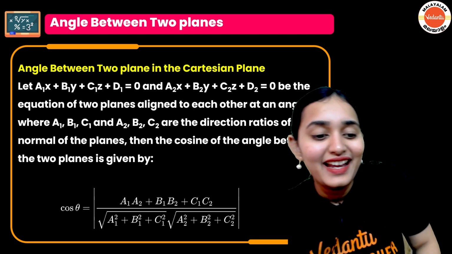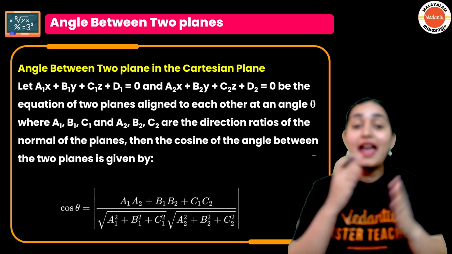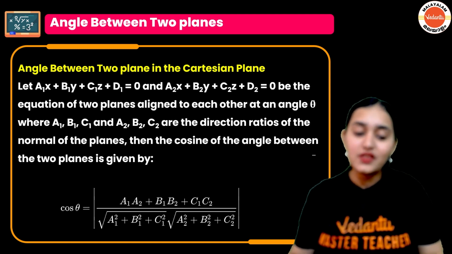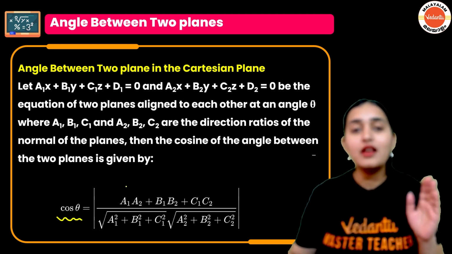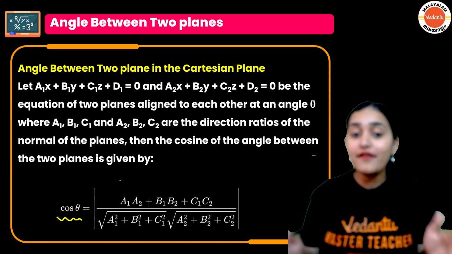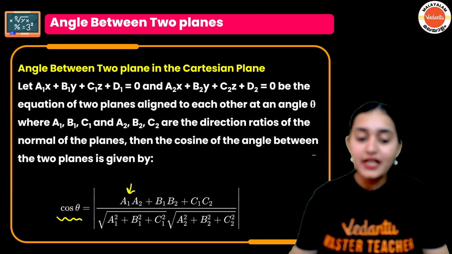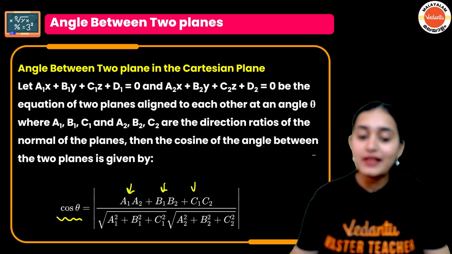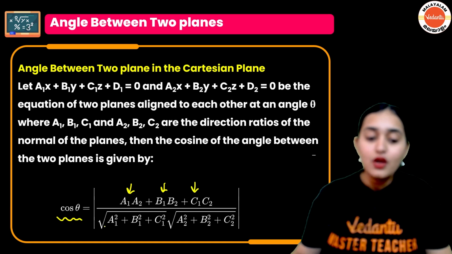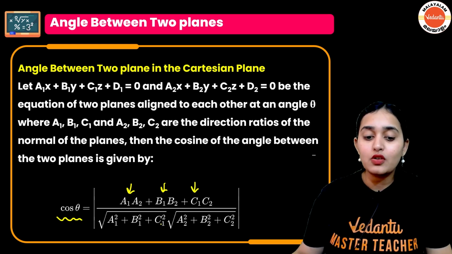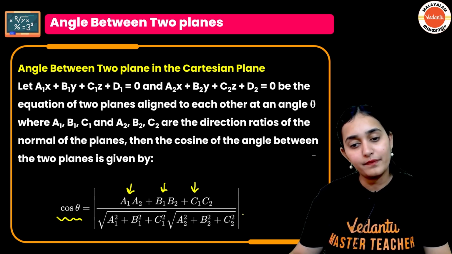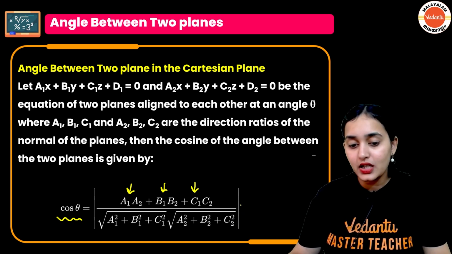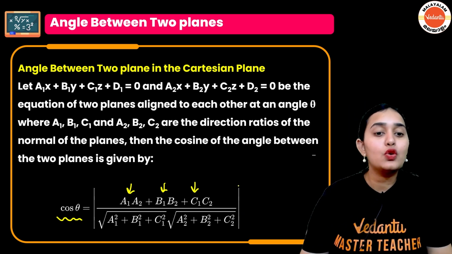And lastly, the angle between two planes is once again cos theta. Cos theta is the mod value of a1 a2 + b1 b2 + c1 c2 upon root over a1 square + b1 square + c1 square times root over a2 square + b2 square + c2 square. Understood? So this is the angle between the two planes.